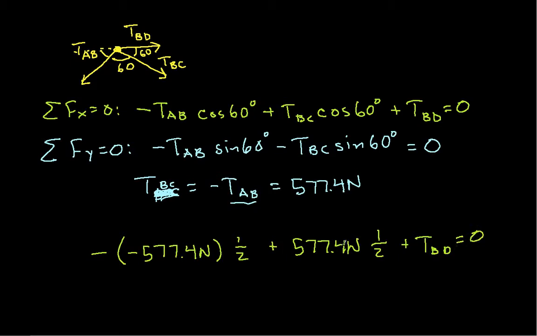And when we solve this, we then get TBD is equal to minus 577.4 newtons. Okay, so we've got 2 more tensions that we've been able to compute from joint B. So let's write these down.